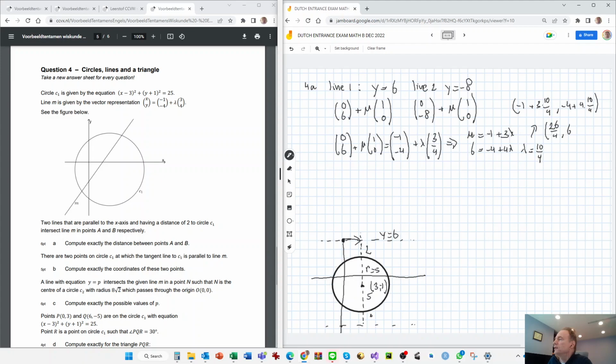Of course this has to be 6 because the line is y is equal to 6. So 13 over 2, 6.